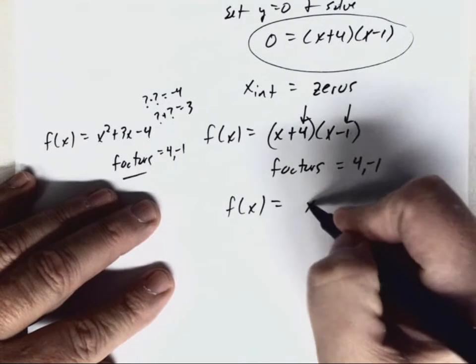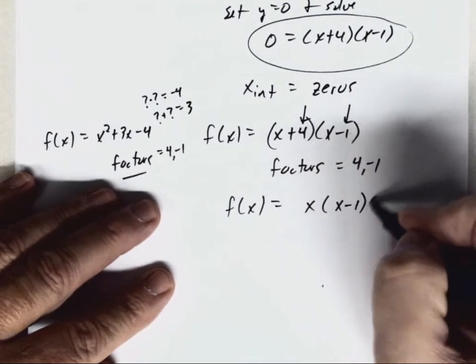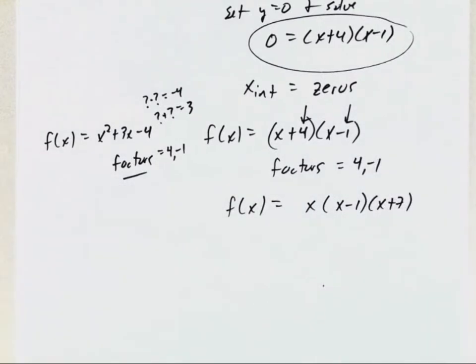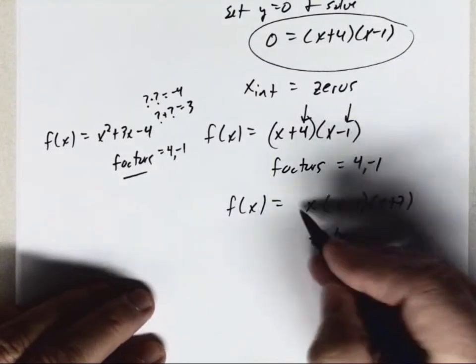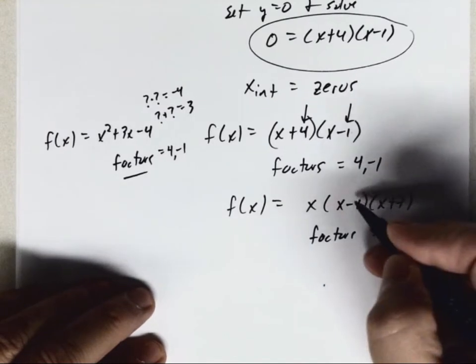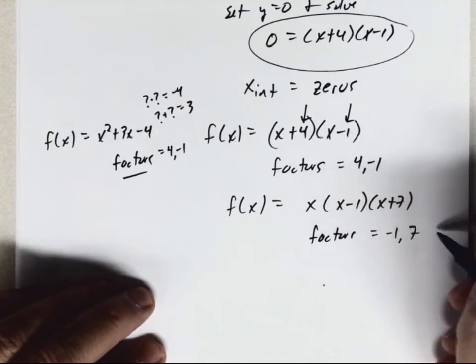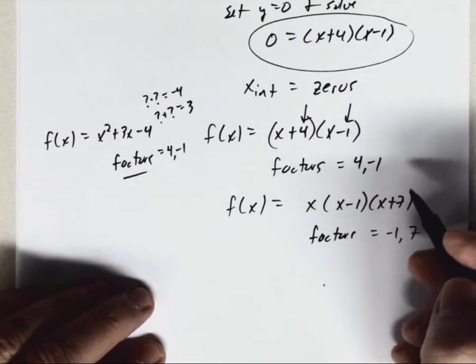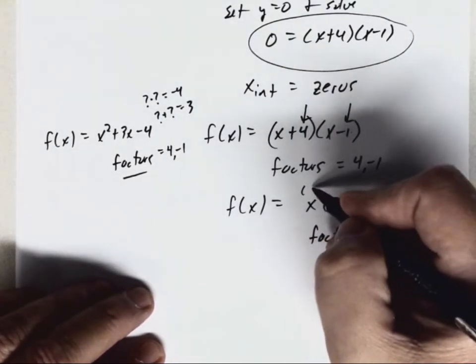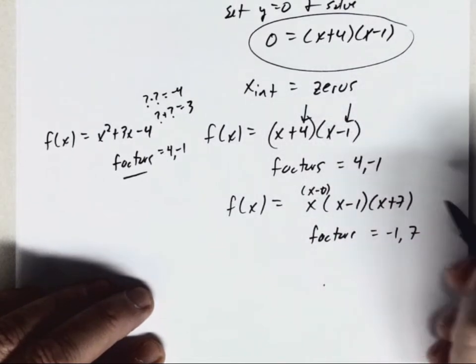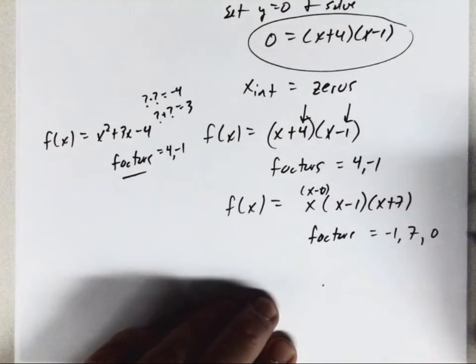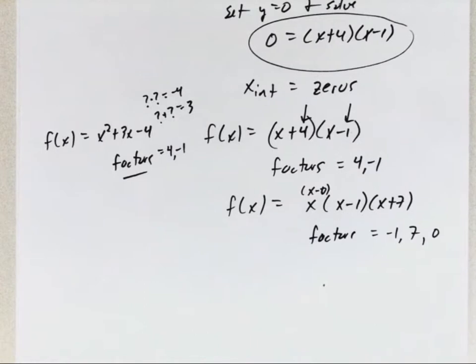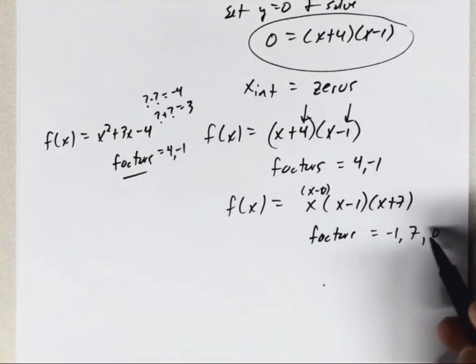What if you were given this factored function, and you were asked what are the factors for this? You would say -1, 7. Now, does this one have a factor where you know what x is? I could think of it as x minus 0, so I actually have a factor of 0. So these are the three factors.